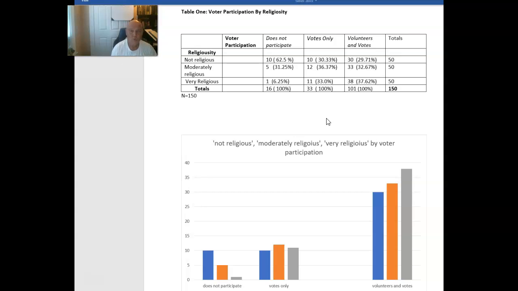Now, there are a couple of elements here that I wanted to go over. Notice I'm not really specifying, these are concepts, they're kind of labels. I'm not really specifying what religious means, but we've talked about that a little bit in class.